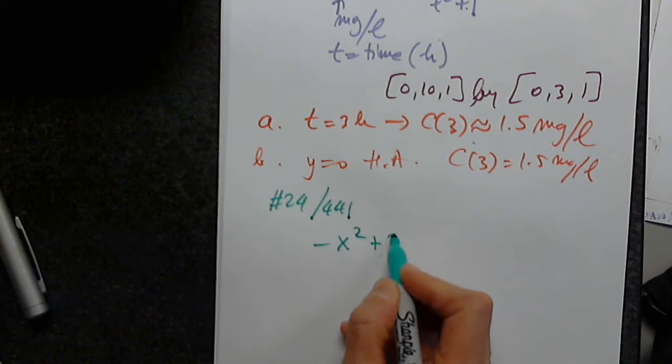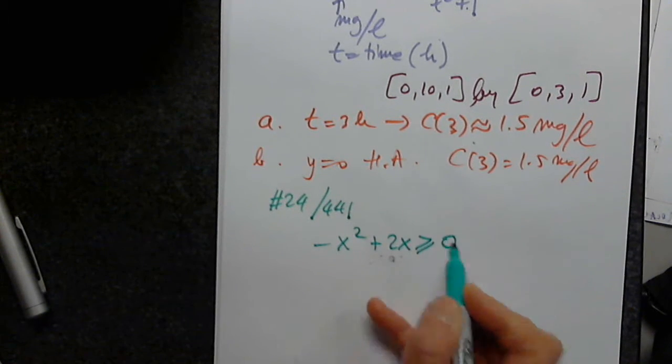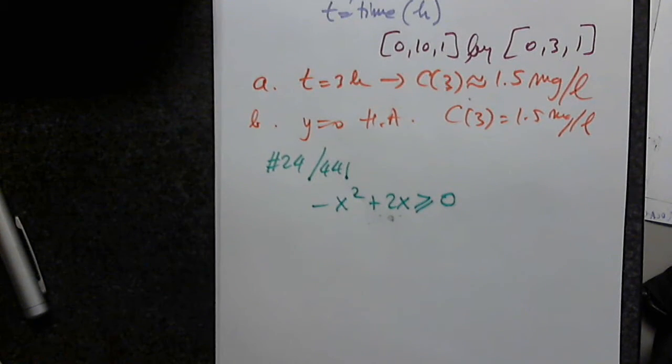Negative x squared plus 2x greater than or equal to 0. What type of inequality is this?